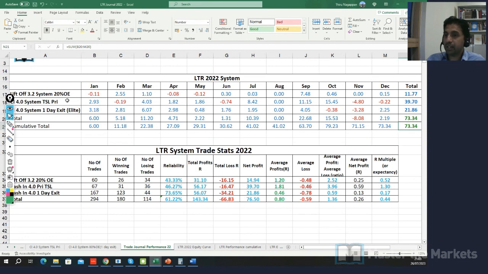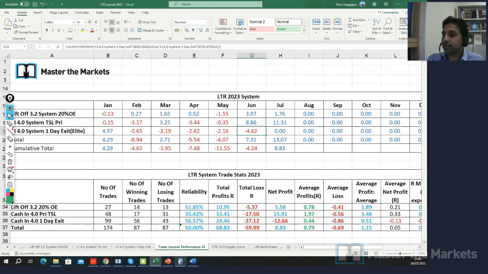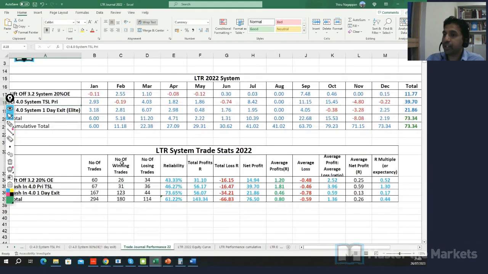Now, if you can see, in 2023, though, this year, it's not been that easy. It's not been a smooth ride as in 2022. You can see that in 2022 everything is profitable every single month. Especially in November and December, then we had the biggest drawdown months.